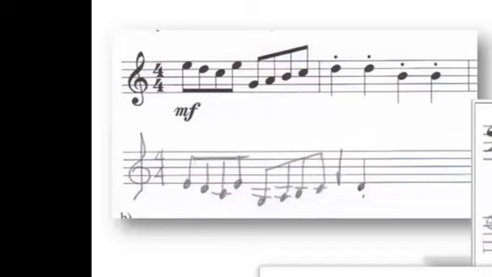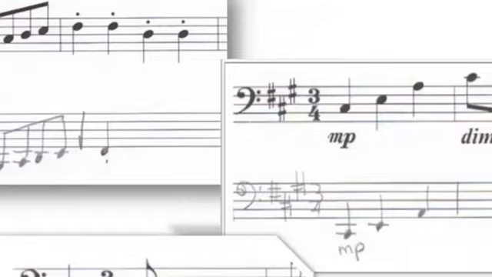So this first one, the assignment would have said something like, transpose this down 1 octave in the treble clef. So notice how the notes are grouped the same way. I didn't put the MF here, and I should have, so I'd lose a mark for that. But the stems are going up, whereas the stems in the original are going down.